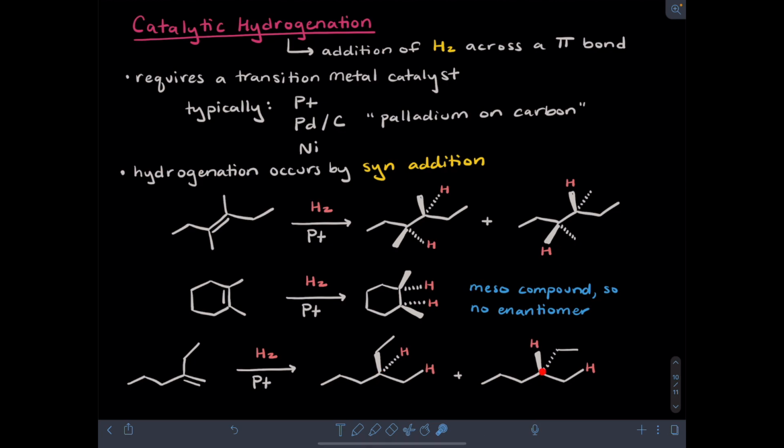It has a methyl group, an ethyl group, a propyl group, and a hydrogen attached to it. When this is the case, you need to draw 2 enantiomers of product. You could do this by showing one group as a wedge and another group as a dash, and then switching those wedges and dashes in the other product.